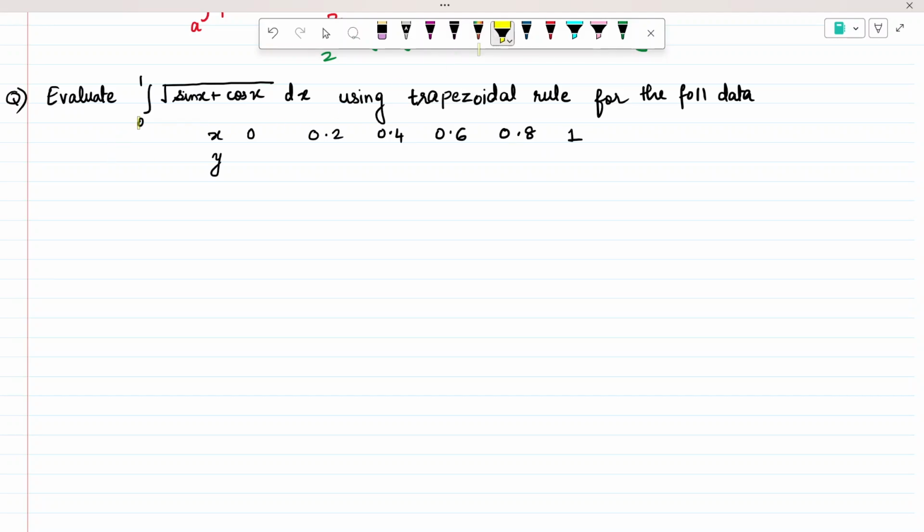You can see the lower limit, upper limit. Also observe difference between the values of x. कितना है difference आपका हर एक value में x के? What is the difference in the values of x?